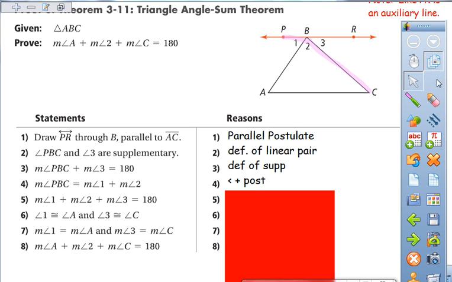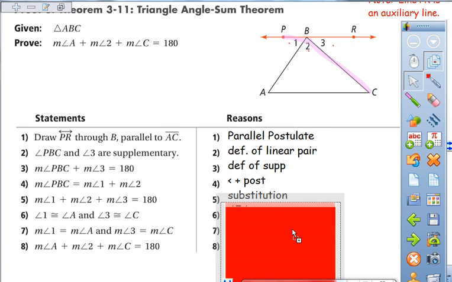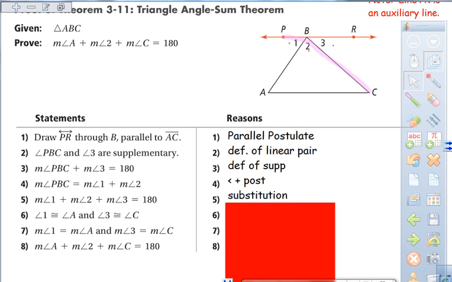Then we have 1 plus 2 plus 3 adds up to 180. Again, that looks like they're all on a straight line. So we're talking substitution. If we look at this, PBC plus 3 equals 180.